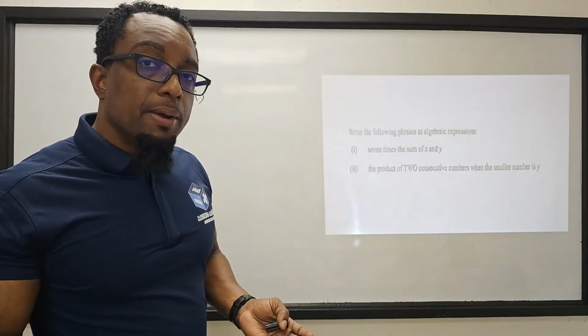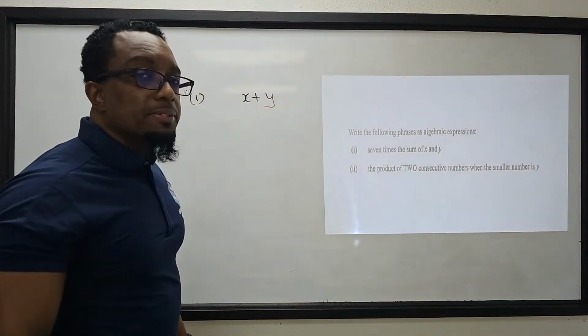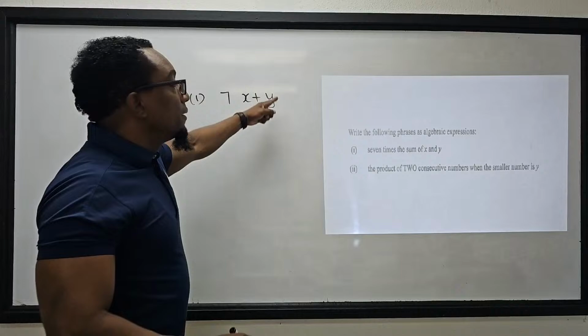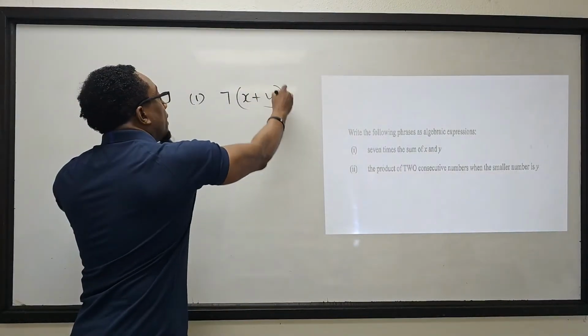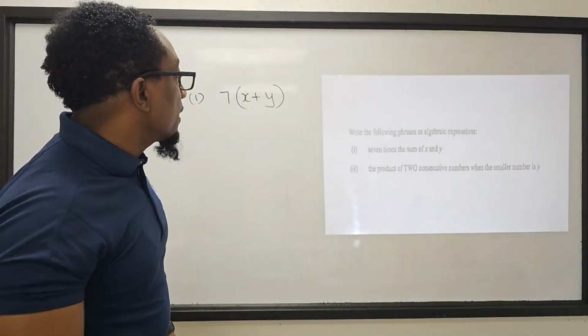So the sum of x and y, we know sum means addition, that is x plus y. And 7 times means to multiply, and multiplying 7 by this algebraic expression. So I make sure x plus y is placed in brackets. Good? Let's look at part 2.